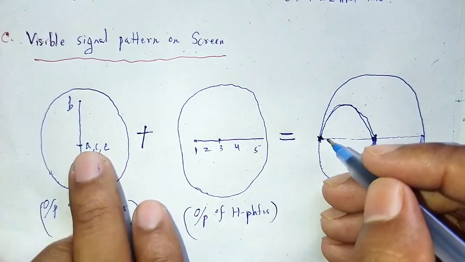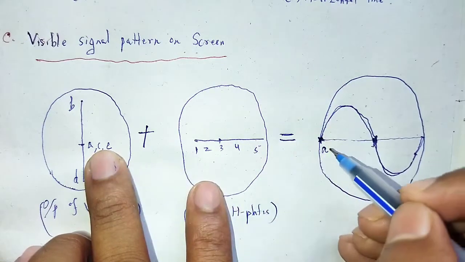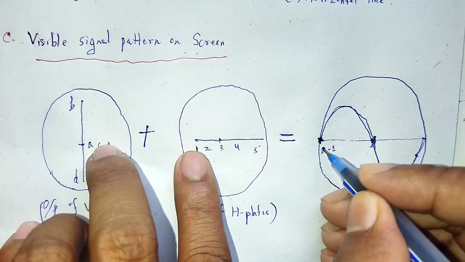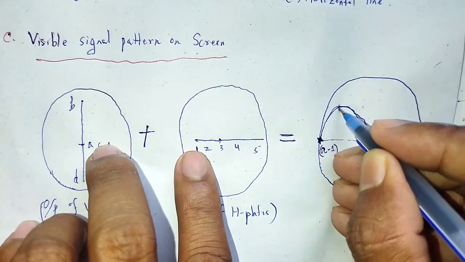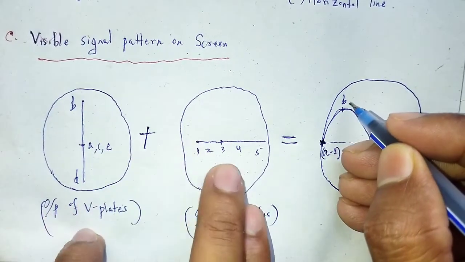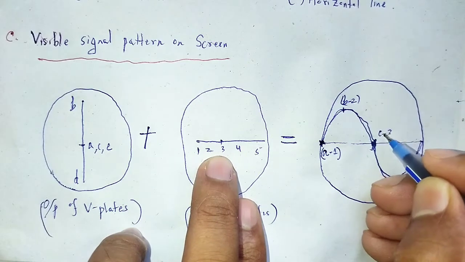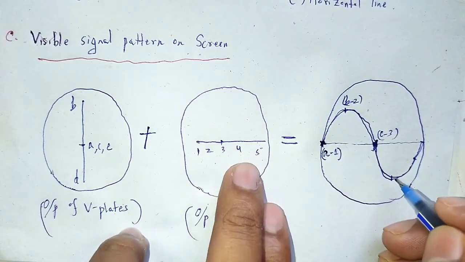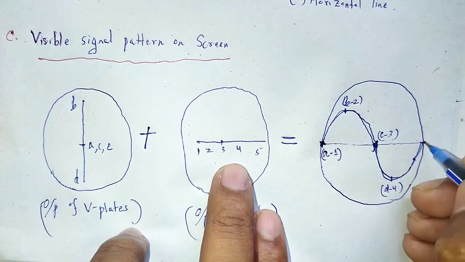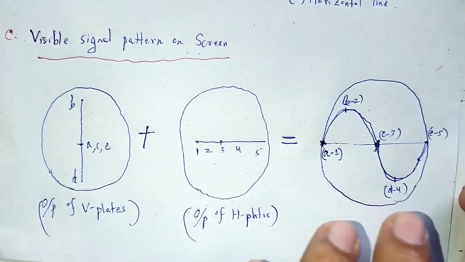At that point A, and again this point 1, so A minus 1. Here the point B, 2, next point C, 3, that point D, 4, this point E, 5.